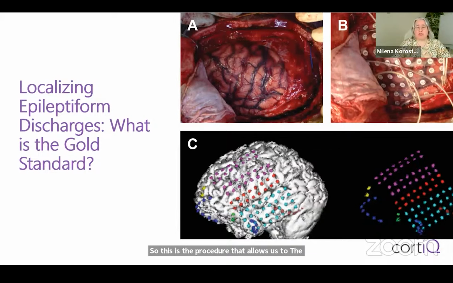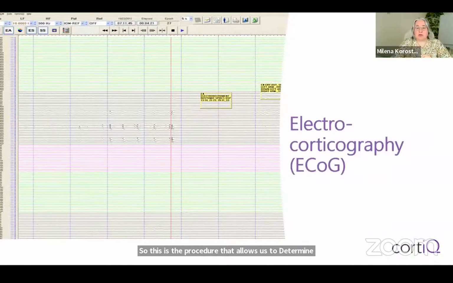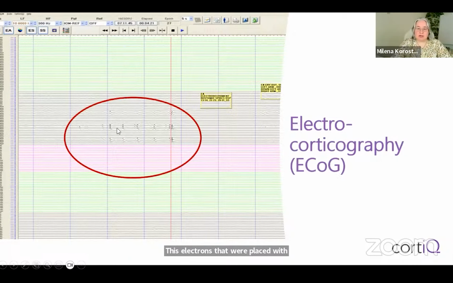determine what area of the brain needs to be removed, and we're doing this by recording the activity with these electrodes that we placed, with electrocorticography in this case, and you can see how here we can really well localize, of course, not in all patients, but this is a particular example where we can see fairly well where is that area of the brain that we need to take care of during the surgery.